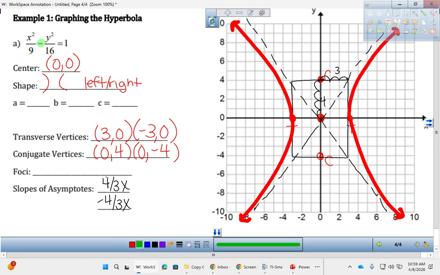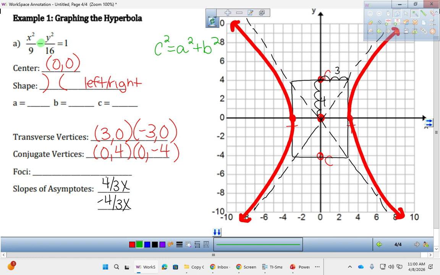The formula to find it is different than the formula for an ellipse. Instead of a squared equals, we're going to do c squared equals a squared plus b squared. C being the unknown. If I knew, then I wouldn't have to use the formula. It doesn't matter which you pick for A or B. If you do 3 squared plus 4 squared or 4 squared plus 3 squared, the order makes no difference.